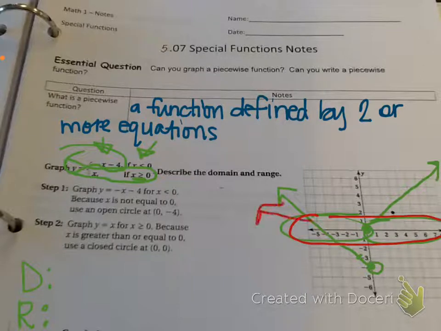This line is going on forever in this direction, this line is going on forever in this direction, and they overlap at 0. Because of that, our domain is going to be all real numbers.